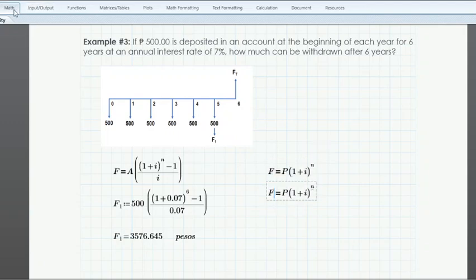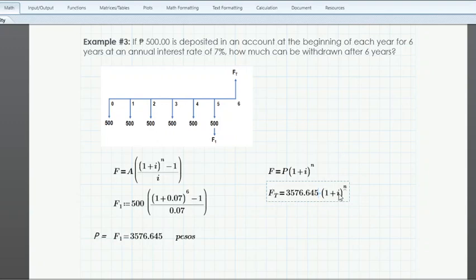This is the one up front, so this is the present. Let's put a subscript. We have FT. P is how much our F1 is, so I will put P here. We also take it as P. P is also equal to F1. So let's copy 3,576.645. What is the interest rate?